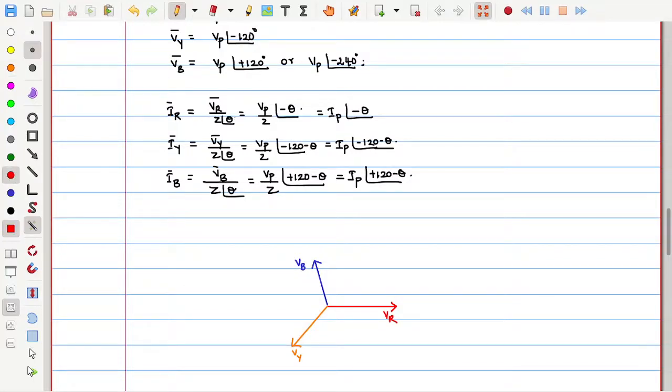IR current lags the voltage VR by an angle theta. See, minus means clockwise direction. Clockwise angles are referred to as lagging angles. So this is IR. What about IY? IY lags VY by theta.